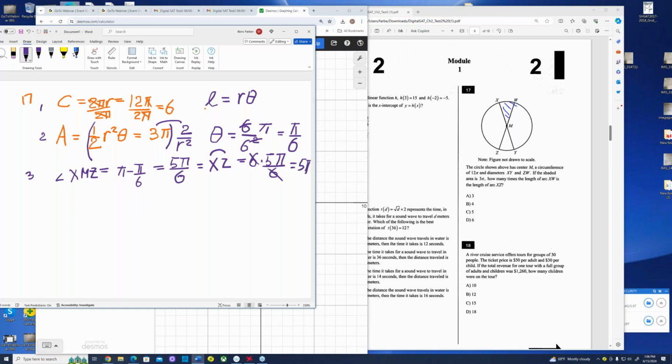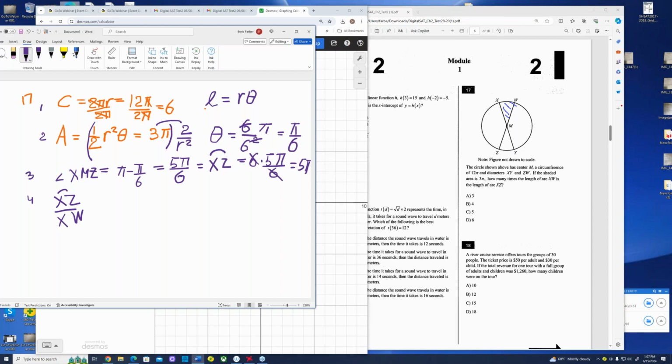And the very last step, step number 4: they ask how many times the length XW compares to XZ. So XZ to XW.